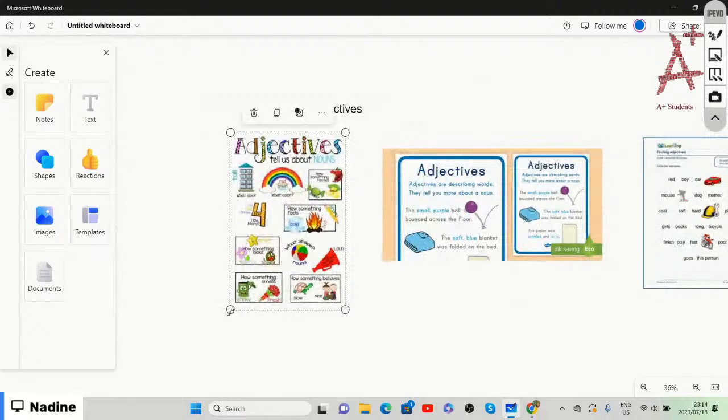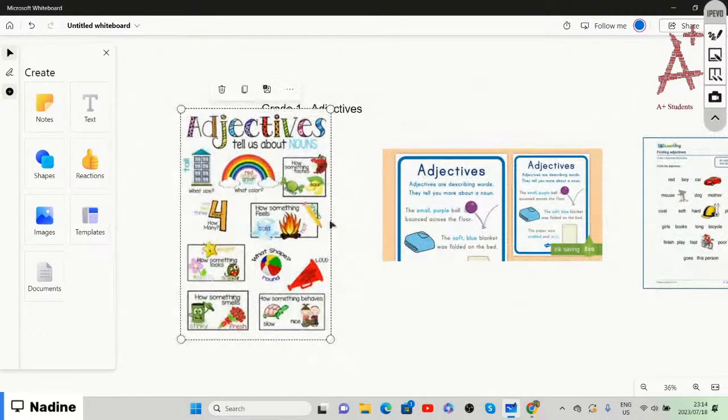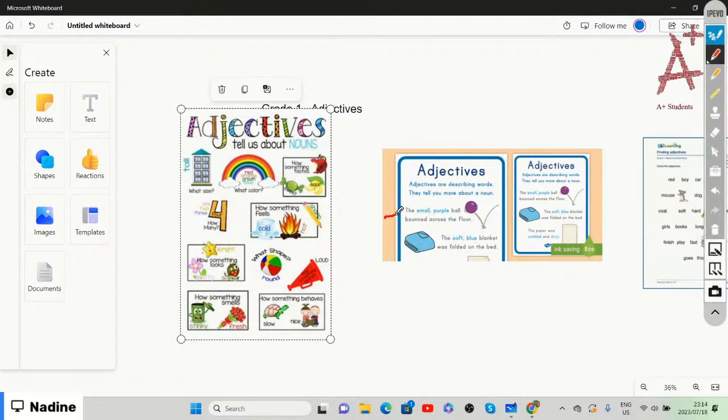Okay, so if we look at this picture, here we see that adjectives tell us about nouns, right? Like for example, with this example that we made about the small purple ball bouncing across the floor.